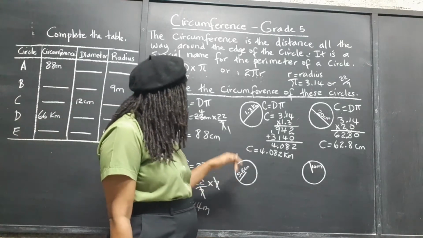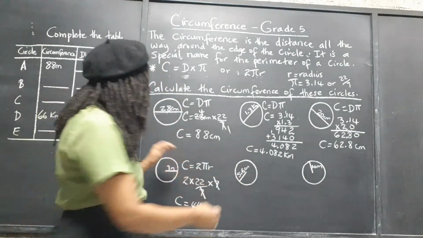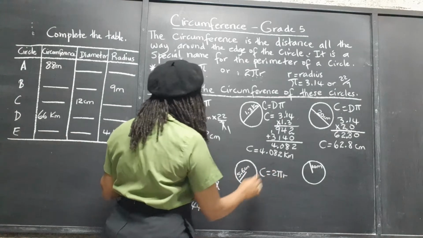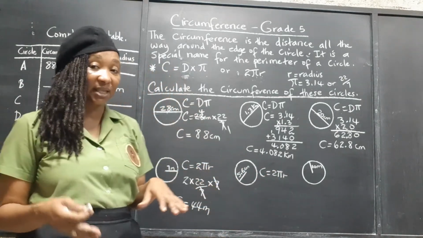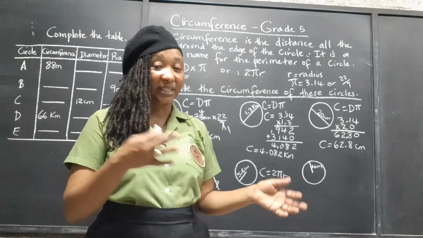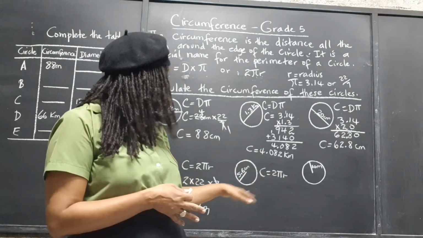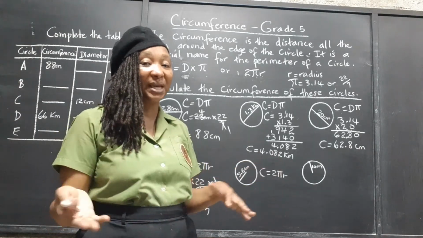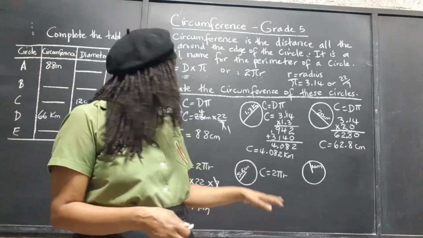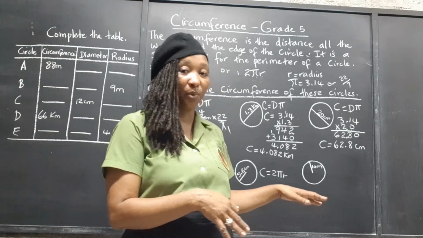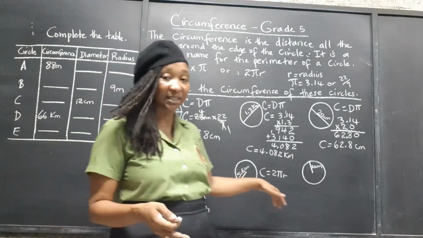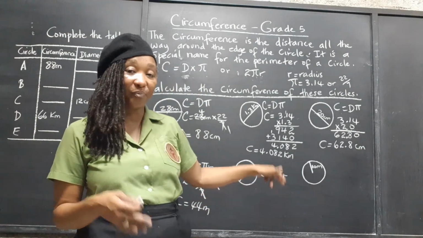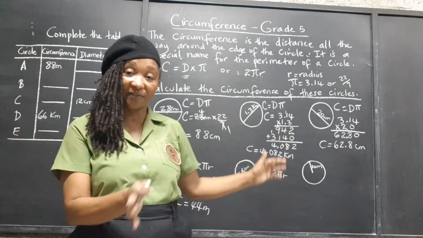Alright, 5.6. The radius is 5.6. Circumference is 2 times pi times the radius. 5.6 is a multiple of 7 because 56, I mean, it's going to be in decimal form, right? It's going to be decimal, but think about it. 56 is a multiple of 7. 7 can divide into 5.6. You're going to get a decimal, but that's fine.